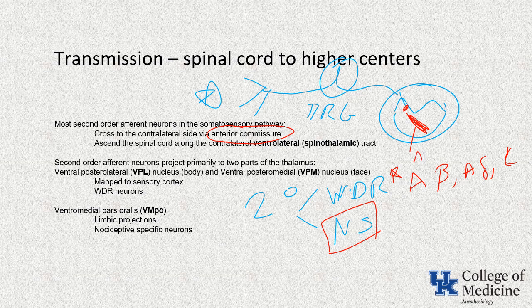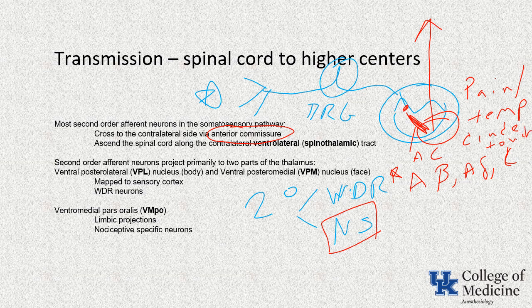And then they start traveling up in a specific pathway, also known as the anterolateral or the spinothalamic tract or pathway. And this is where pain, temperature, and crude touch are transmitted.